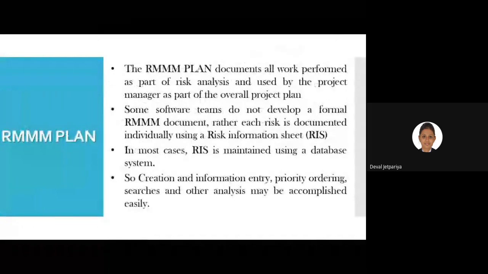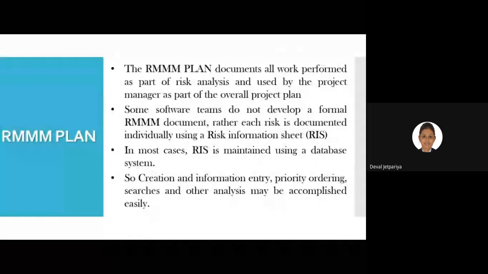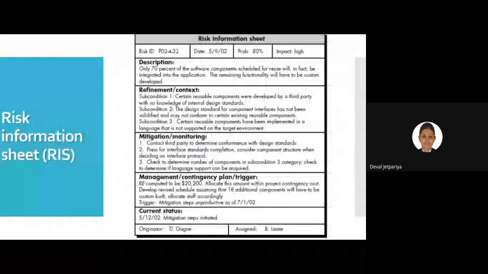The last slide, the RMMM plan. Document all work as part of the analysis, used by the project manager as part of the overall project plan. Generally this document is prepared, which is called a RIS, risk information sheet. In that you have this type of detail.